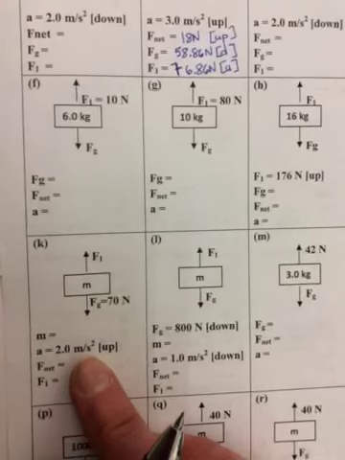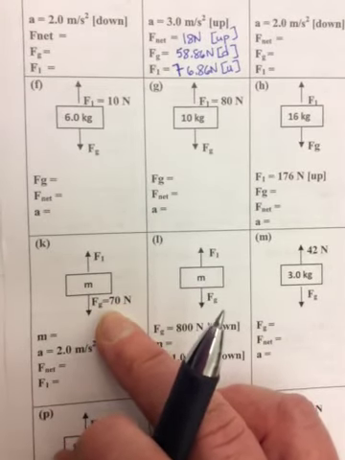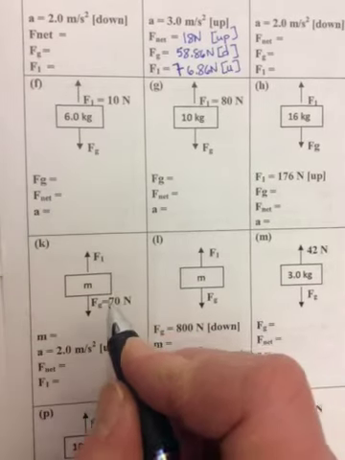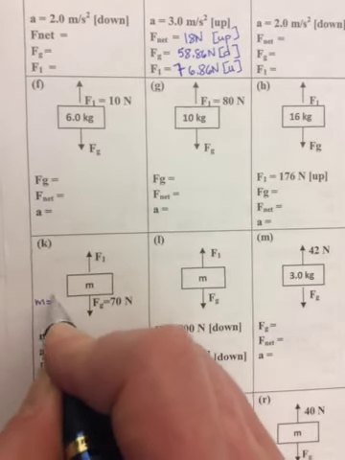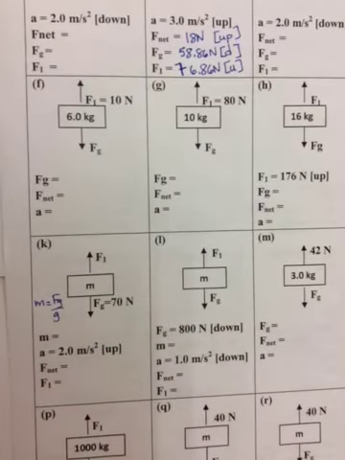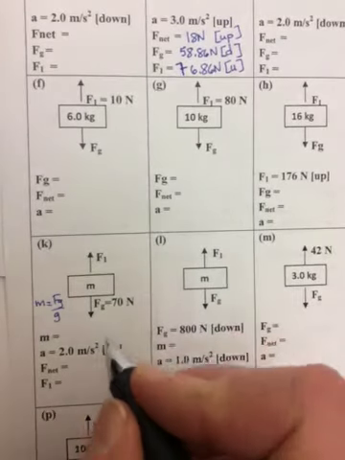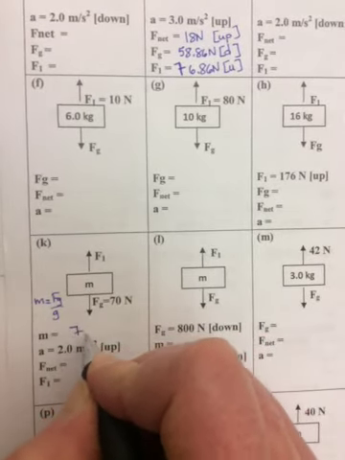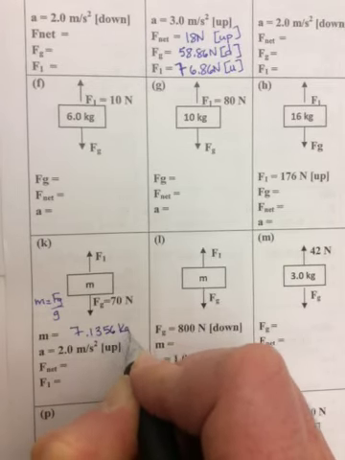Oh, let's do one that doesn't have an m in it. Okay, so this one doesn't have an m in it, but it has Fg is equal to 70. So if Fg is equal to 70, then we can find m, because it's just going to be Fg divided by g. So take your 70 newtons and divide it by 9.81 meters per second squared, and you should get 7.1356 kilograms.